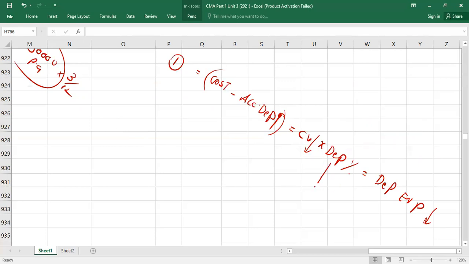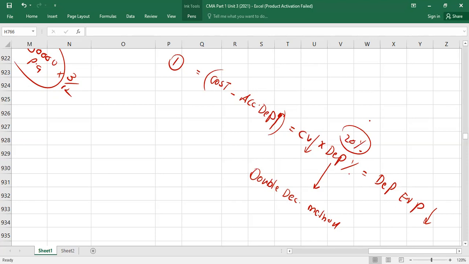Okay, here make one note. If in question he is going to use the word double declining method, what is the change? Just a small change. If depreciation percentage is 20%, and now he's asking you to use double declining, you will double this rate.